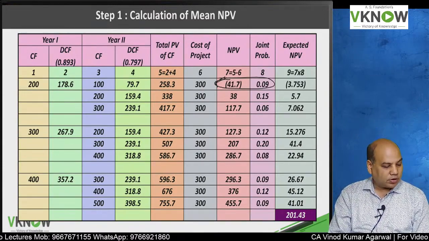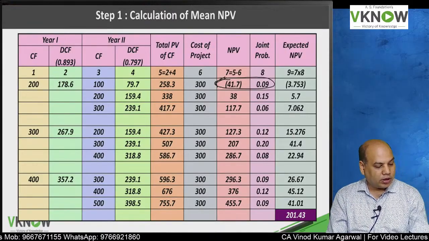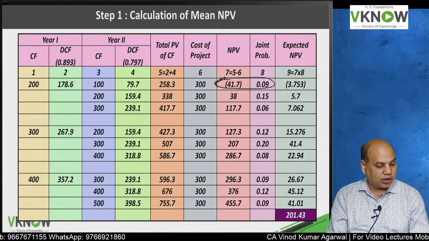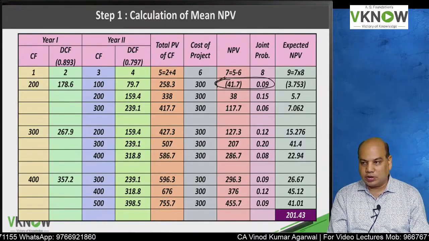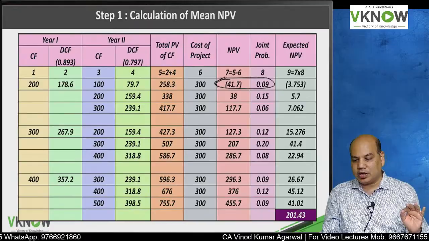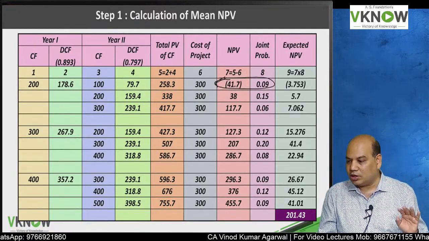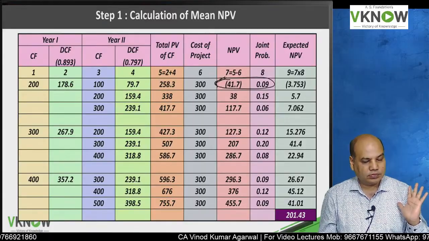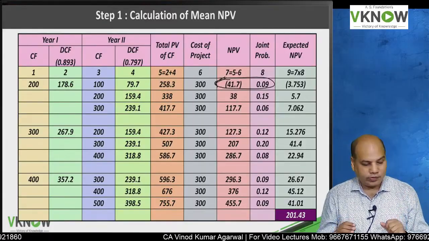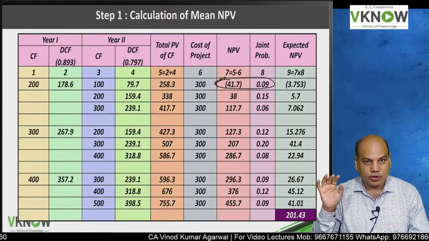First question was compute the mean of the probability distribution of the possible NPVs. The rate of discount is 12%. So this is my expected NPV. Mean NPV means expected NPV means average NPV. The second question is from the book.